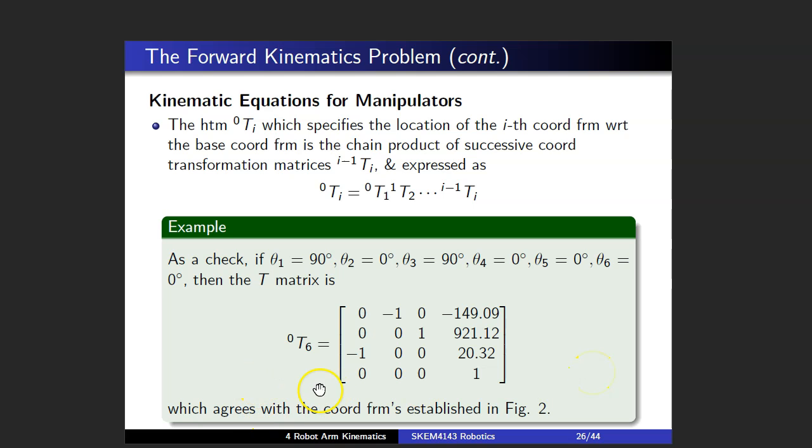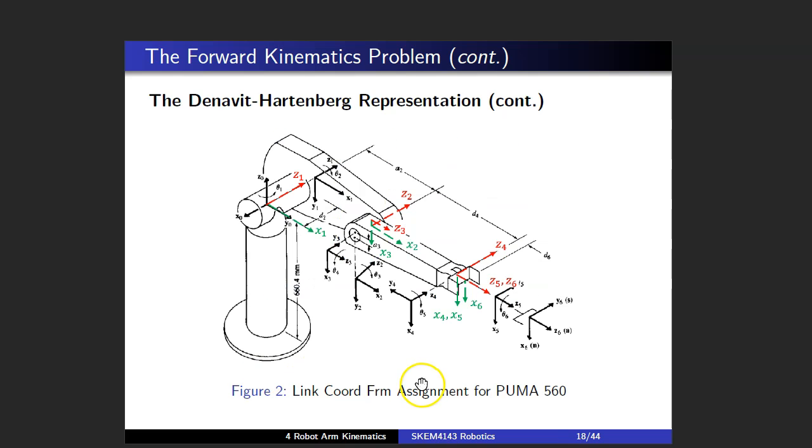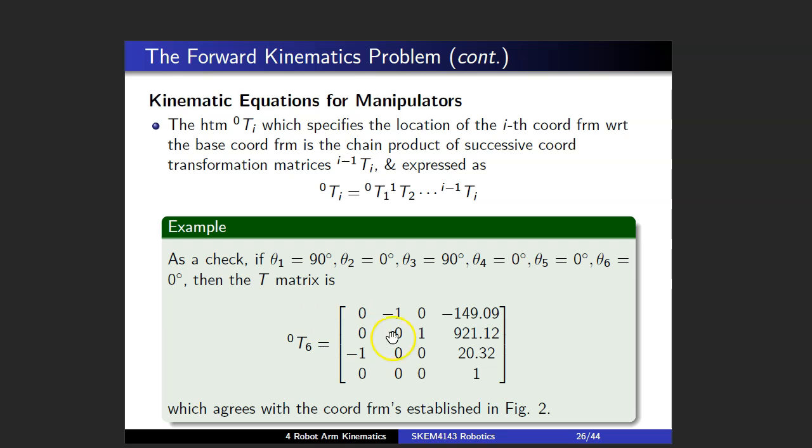For example, we will be able to see that x6 is in the negative direction of z0. Let's see, x6, is it minus z0? So this is x6, right, it's pointing downwards, and z0 is pointing upwards, okay, which is correct. And similarly, you can try to verify the other axes and the position vector as well.